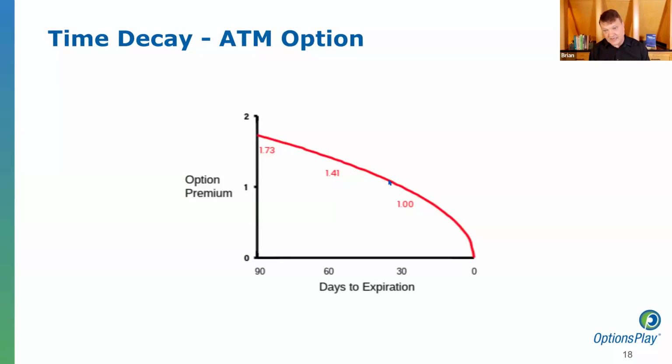But then from 45 days down to 30 days, the line becomes a little bit more slanted. And then from 30 days all the way down to 0 days, it's like, wham, my sled hit the tree, right? So you have a linear rate of decay to start with, and then as you go further and further, and as expiration approaches, time decay becomes greater and greater.